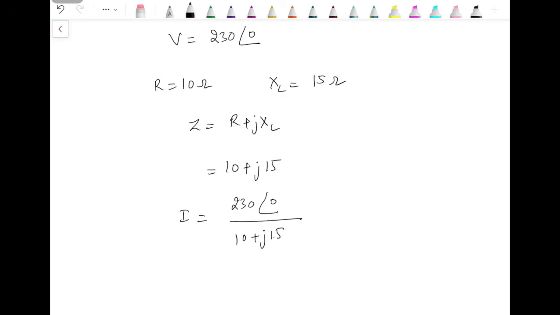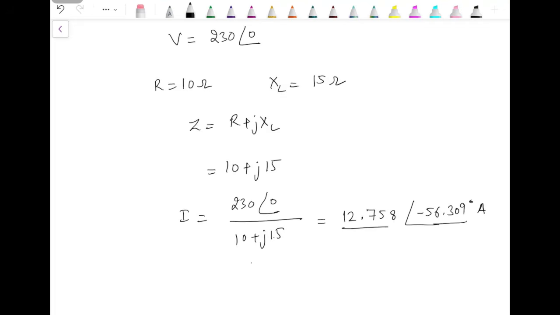How can we solve this? We can solve it with the help of a calculator. So I will insert a video over here on how to use the complex mode of the calculator, and you will get its answer as 12.758 and angle minus 56.309 amperes.